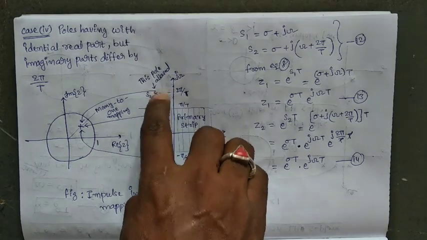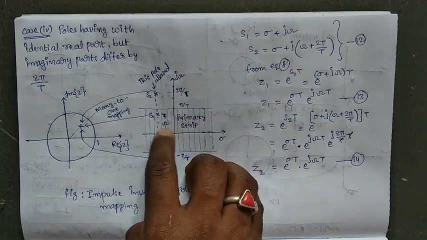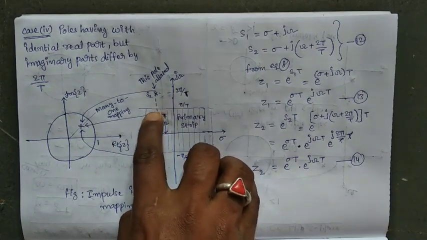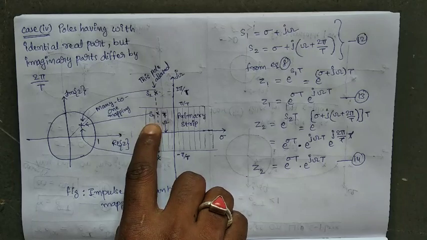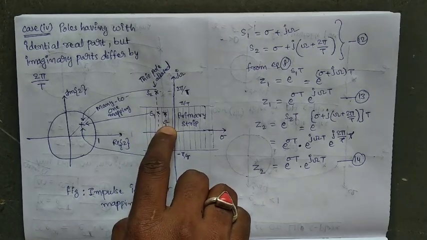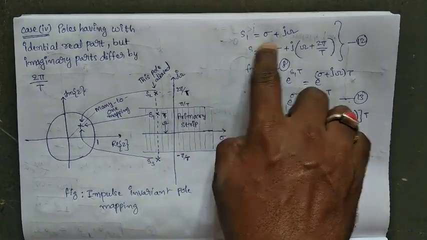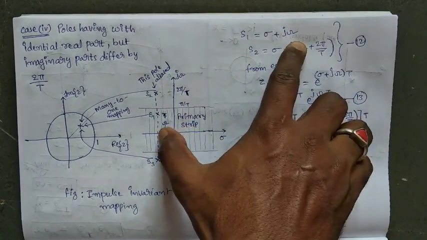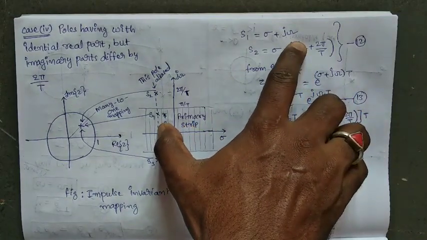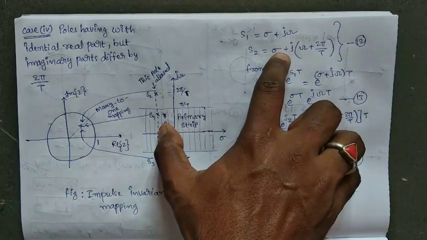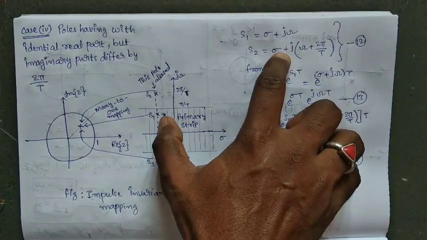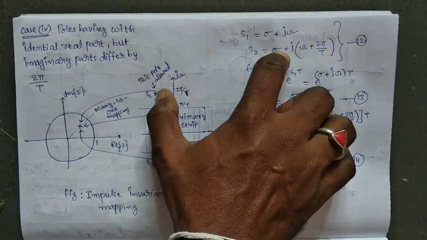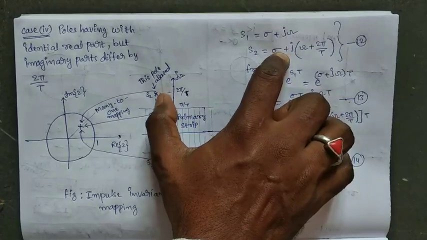These two poles are identical in the real part, and they differ by phase angle 2 pi by T. We express S1 as the real part plus j omega: S1 is equal to sigma plus j omega. S2 is equal to sigma plus j omega plus j 2 pi by T.